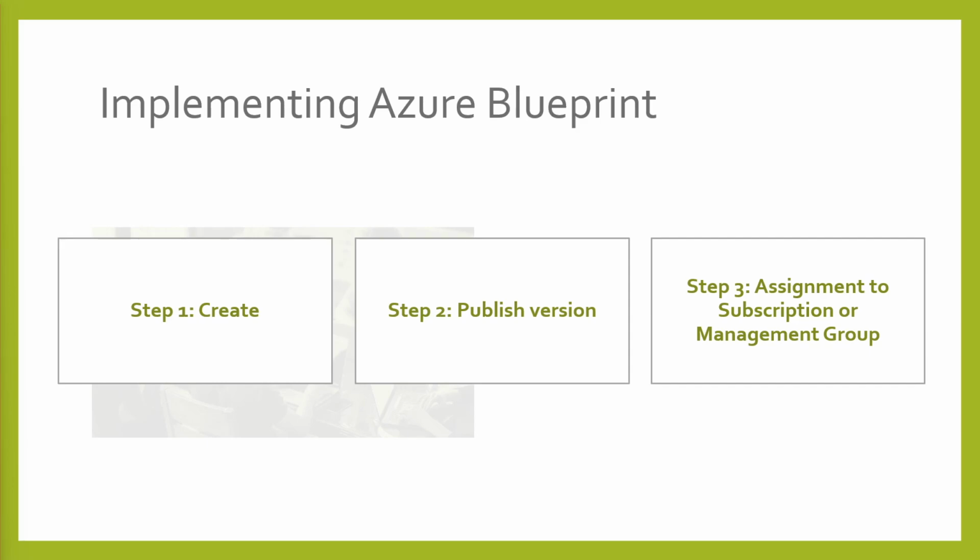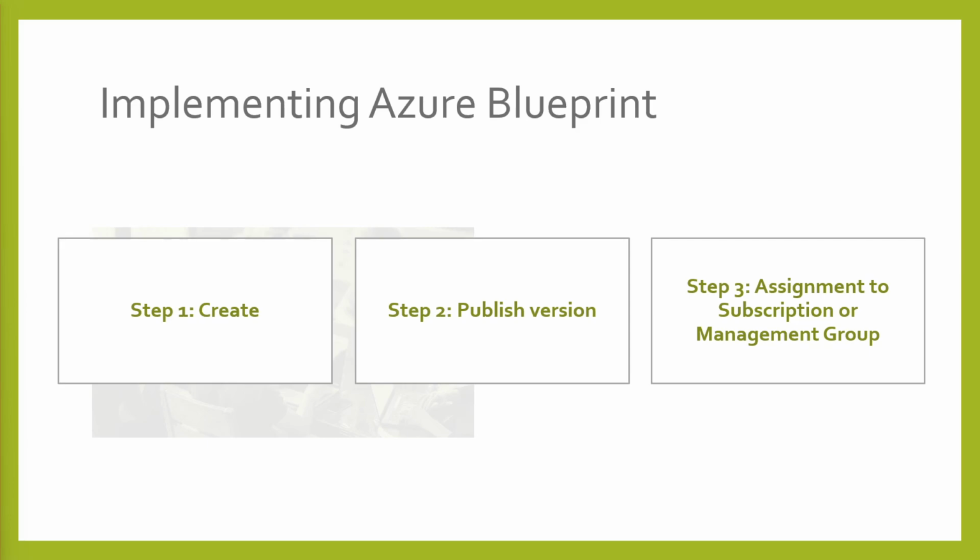There are really three steps in implementing Azure Blueprint. Obviously, the first step is to create an Azure Blueprint, and we can certainly do it through the Azure portal or CLI, or ARM templates. There are many methods to creating an Azure Blueprint. Once we've created an Azure Blueprint, it's in the draft state, and we will need to publish it as a version.